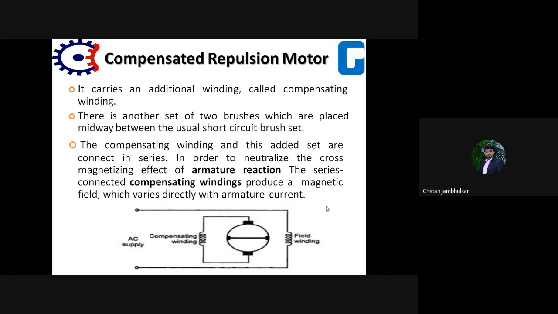The compensating winding and this added set are connected in series, in order to neutralize the cross magnetizing effect.